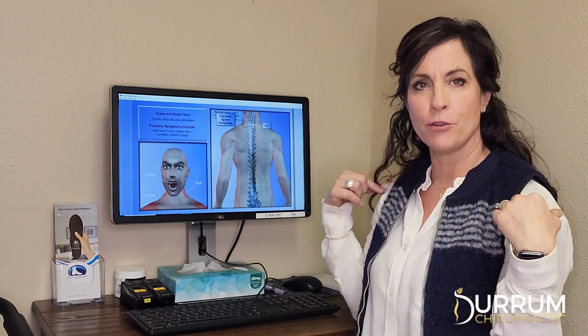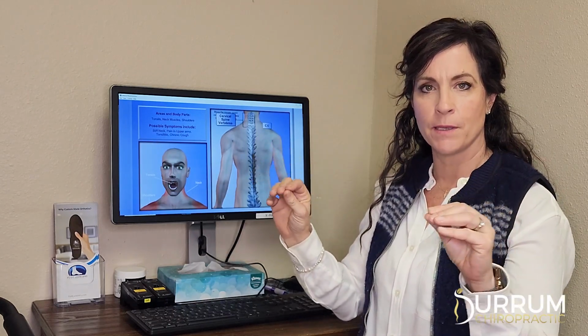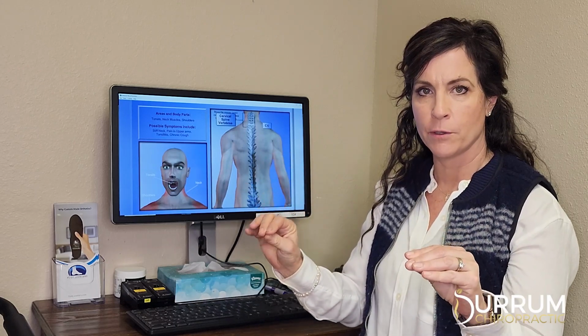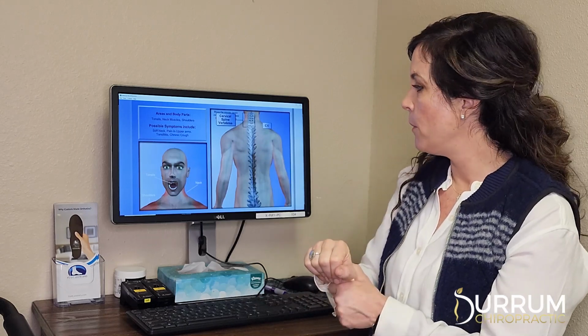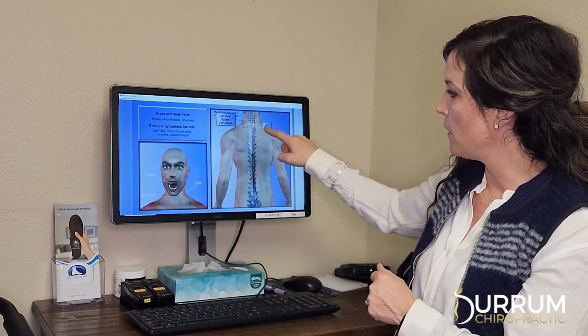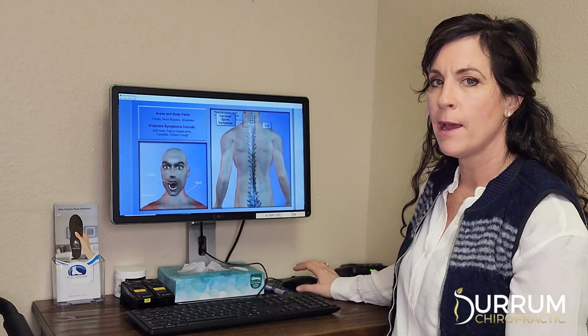In some cases, you may feel that radiate out into the shoulders, even eventually showing up as numbness and tingling in the hands and fingers. Oftentimes, carpal tunnel. Folks think that that's a wrist problem, but the reality is most often that can be linked back to a neck problem.